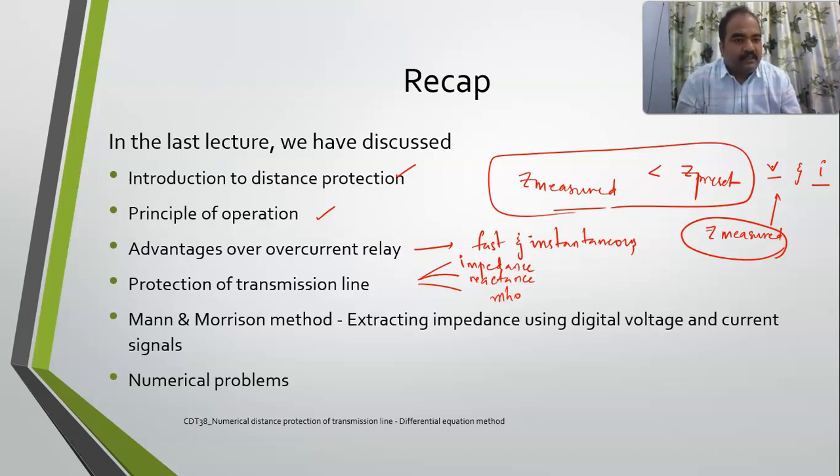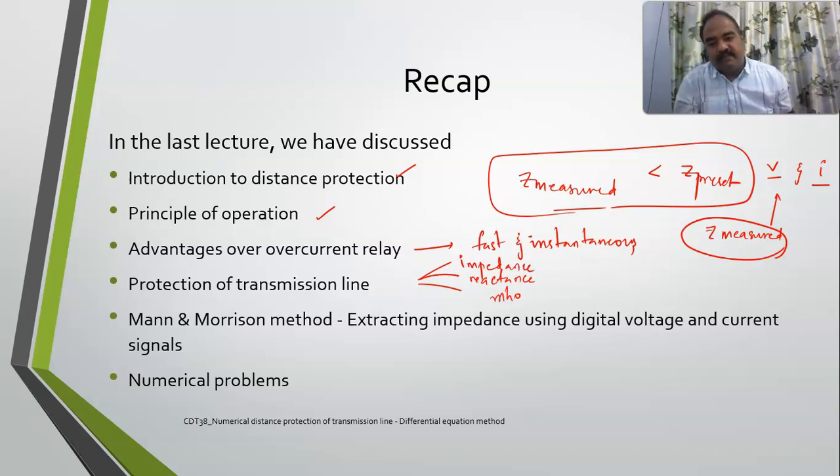And this computer extracts the fundamental components, RMS values of V and I, and based upon that, the ratio of V and I will be your measured value of impedance, and it will be compared with your preset value of impedance, and if it is less than the preset value, then your relay will initiate a trip signal. This is how your numerical distance relay operates.